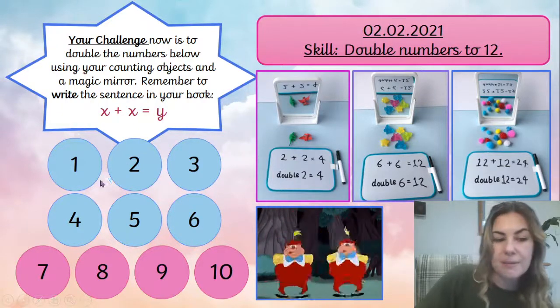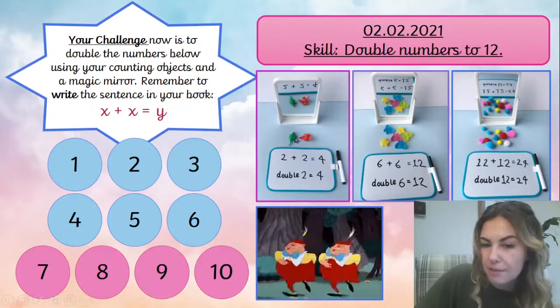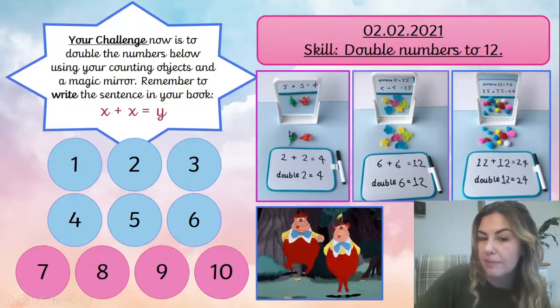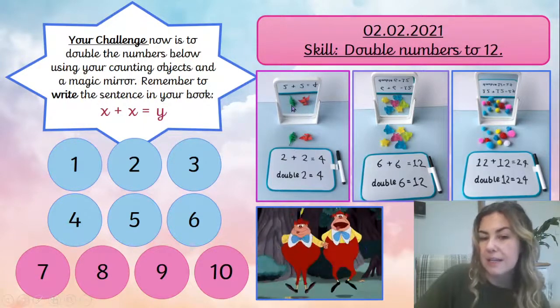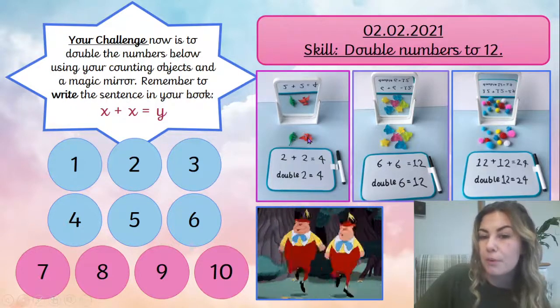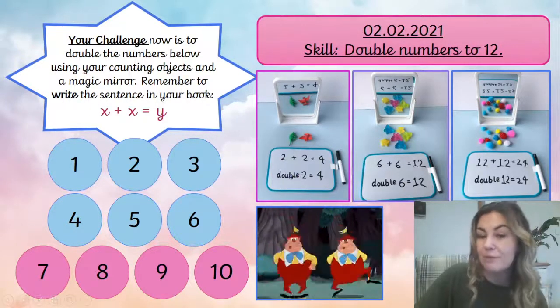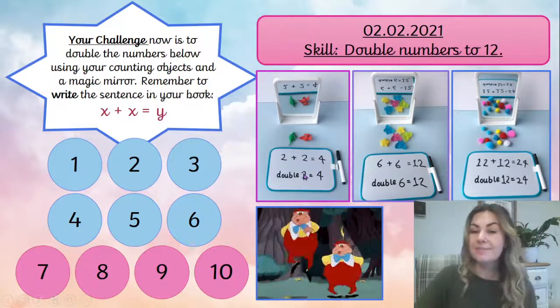So, if for example you picked number 2, you would put 2 counting objects in front of your mirror and you would count all of the objects you can see. Let's do it together. 1, 2, 3, 4. And you would then write 2 add 2 equals 4 in your books.